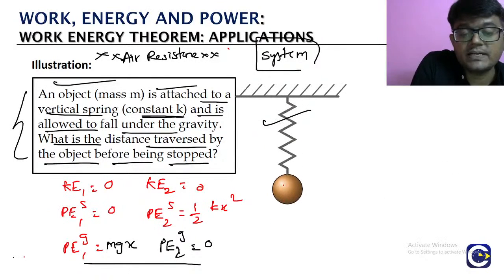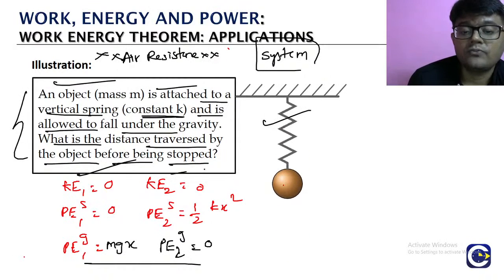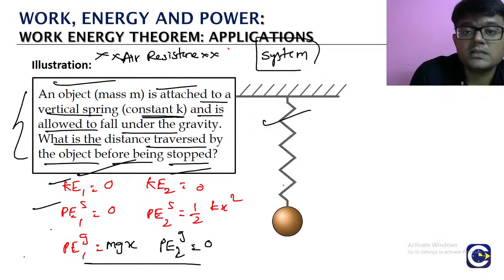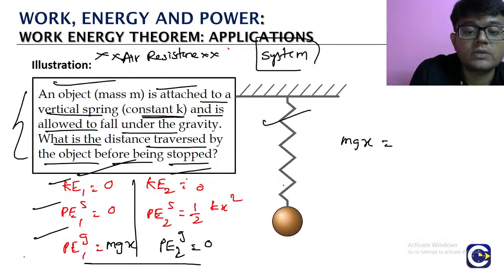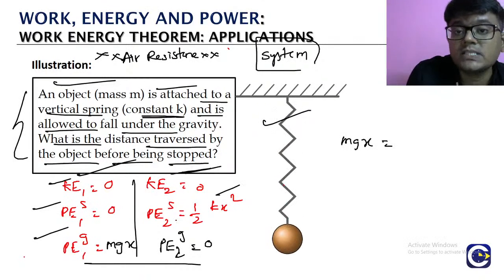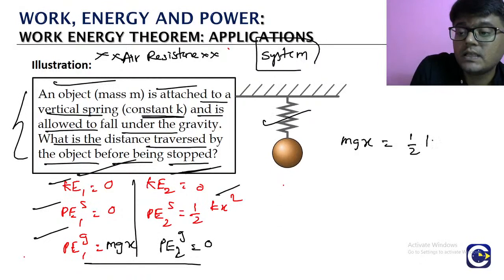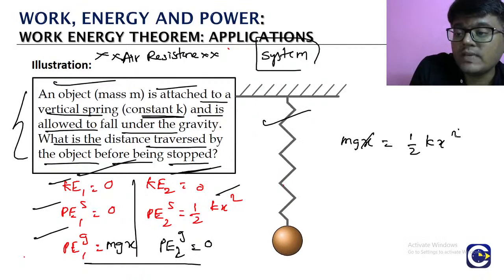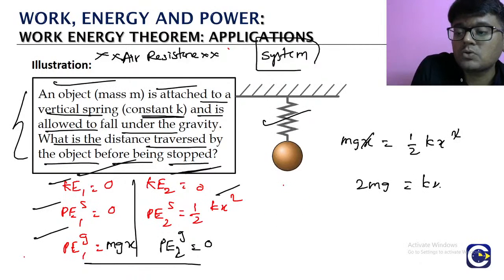In the given situation, the initial point kinetic energy of the object is 0, and the final point also it is 0. So look at this: KE1 plus PE spring plus PE gravitational, the total value is mgx. That is equal to KE2 plus the potential energy of the spring in the second condition plus the gravitational potential energy. So we can cancel off one x, and then we'll have 2mg equal to kx.